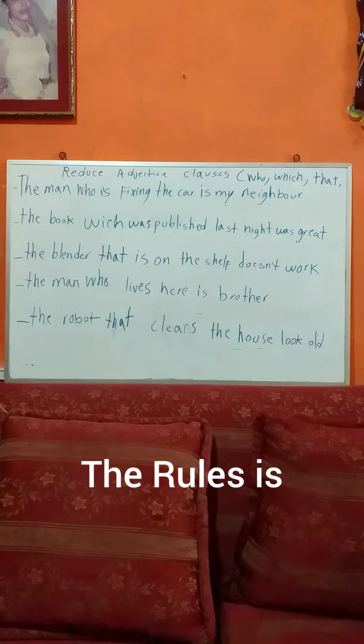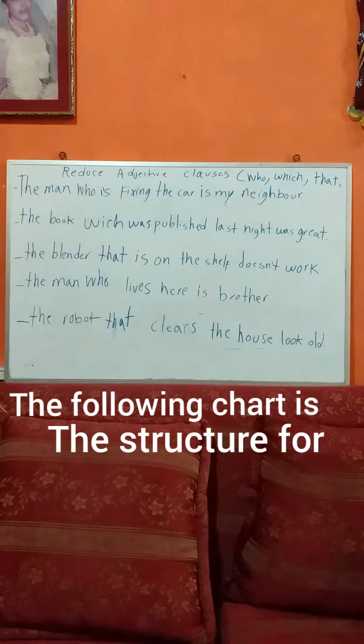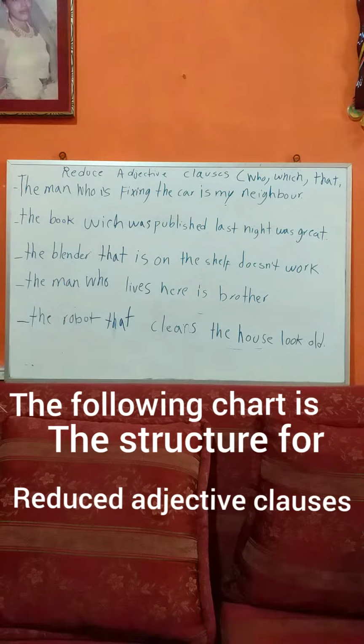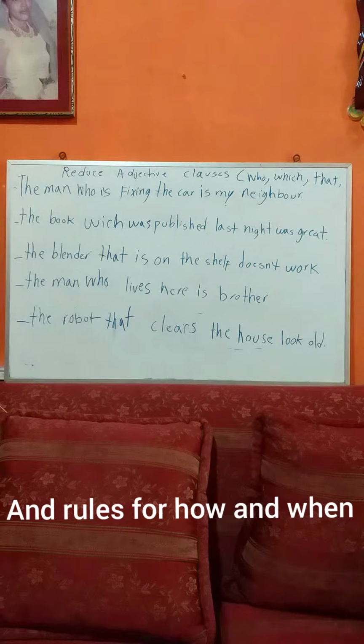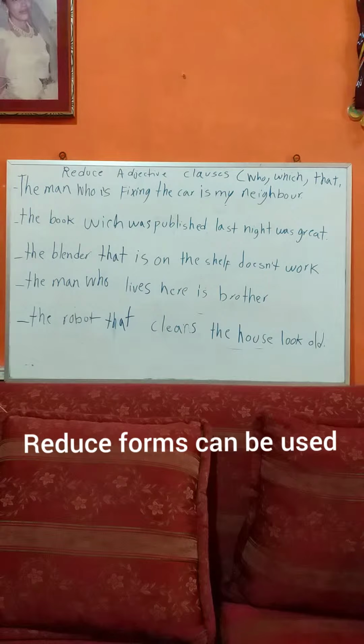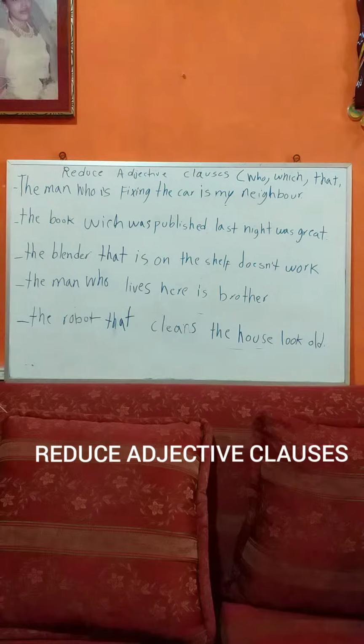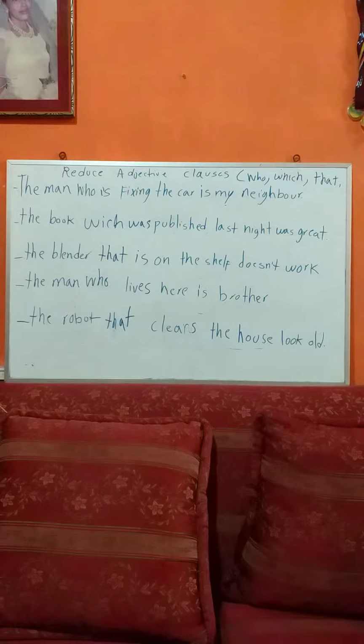The rule is the following. That chart is the structure for reduced adjective clauses and the rule for how and when the reduced form can be used. Reduce adjective clauses with a be verb in the adjective clauses: the adjective connector subject is who, which, that.